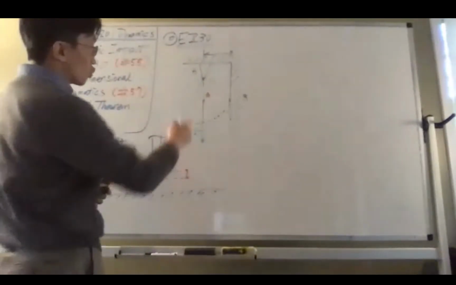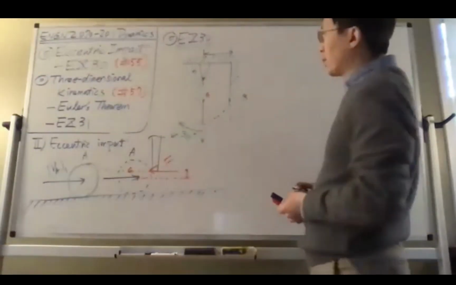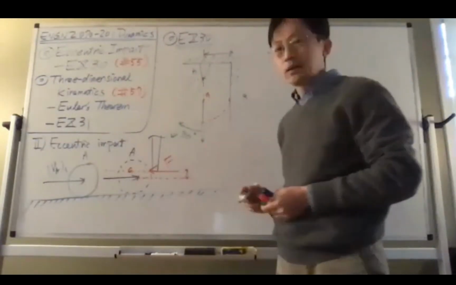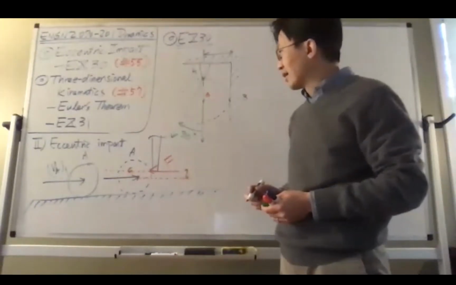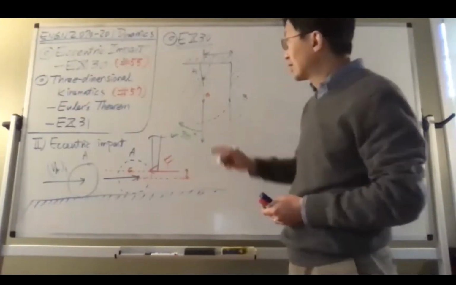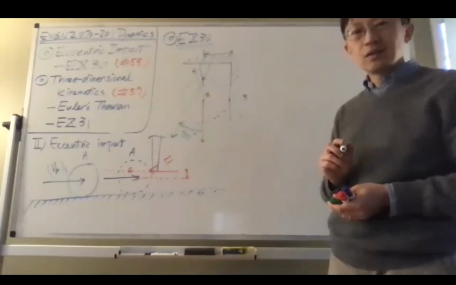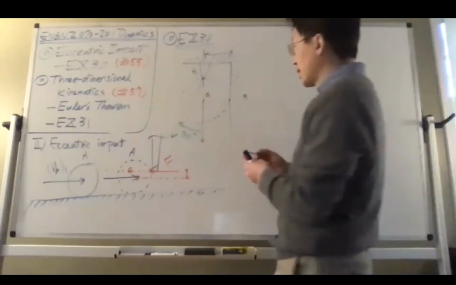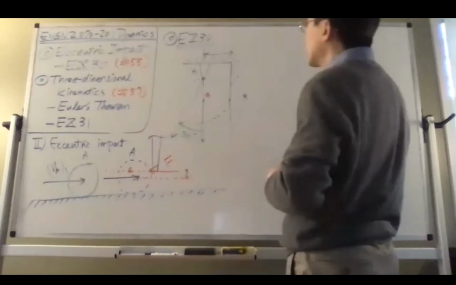So instead of drawing the shape of the moved disk, I don't want to destroy your understanding here. But you can imagine that, let's use the center of gravity to describe this change. Suppose the radius of the disk is 150 millimeters.